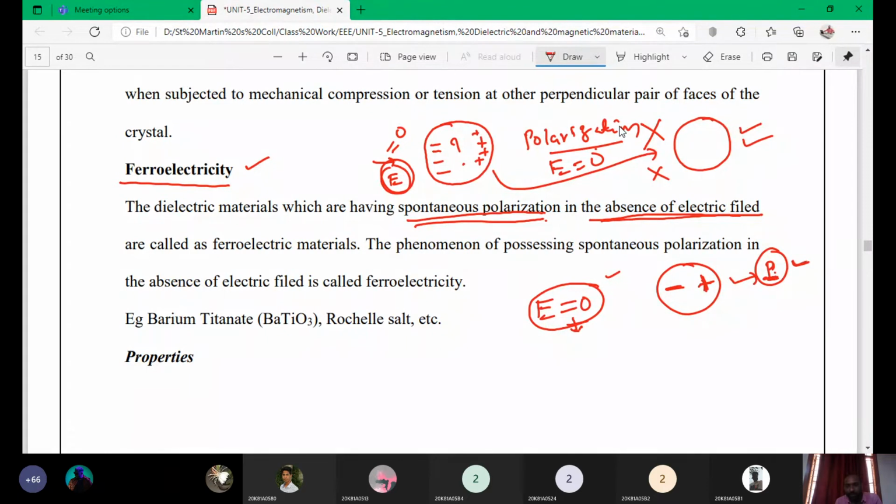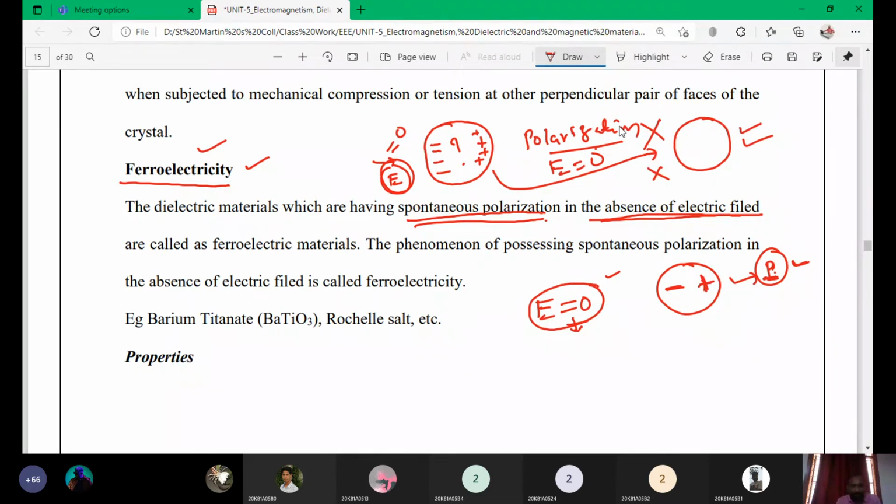This polarization we call spontaneous polarization. Whatever materials behave this way, we call this phenomenon ferroelectricity. In the absence of electric field, this phenomenon is ferroelectricity.